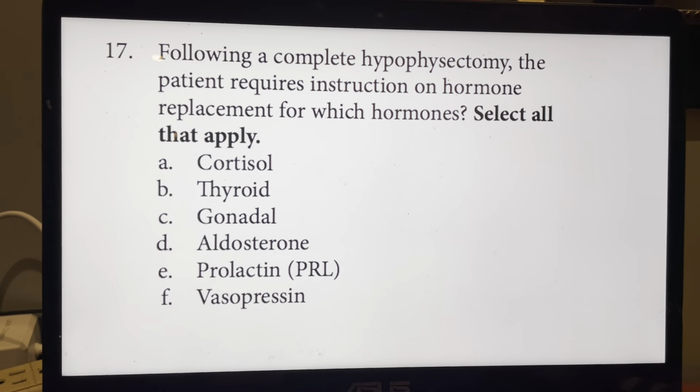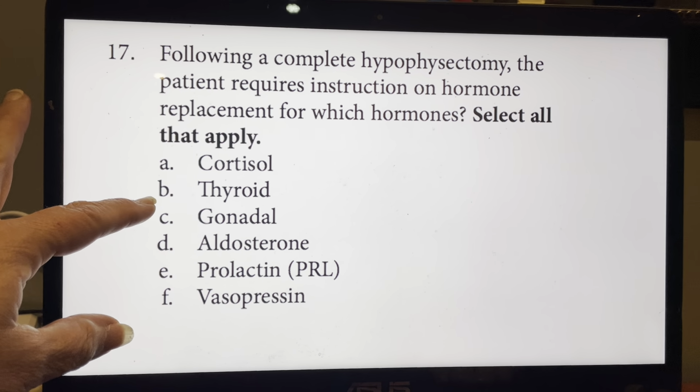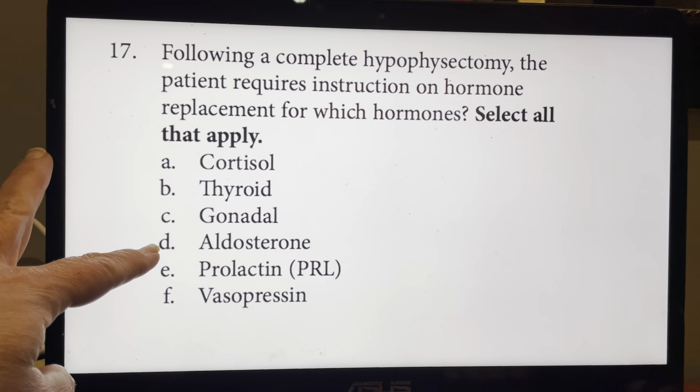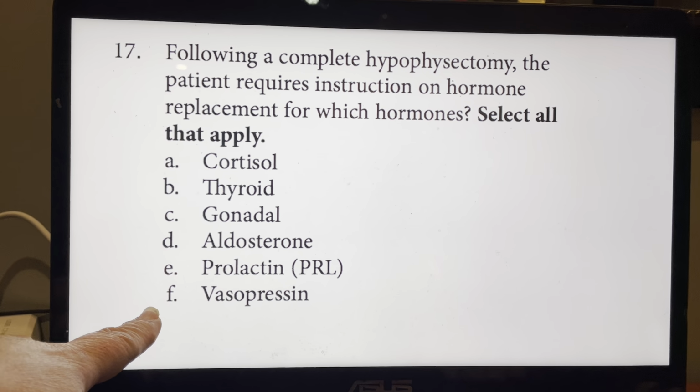Okay, following a complete hypophysectomy, the patient requires instruction on hormone replacement for which hormones? We took the pituitary out of there. So is it going to be cortisol, thyroid, gonadal, aldosterone, prolactin, or vasopressin?